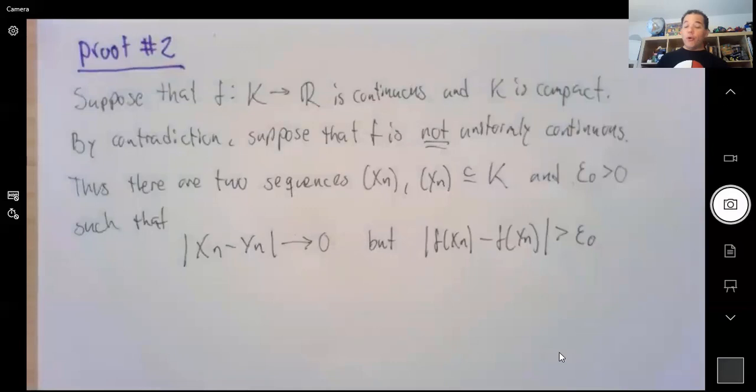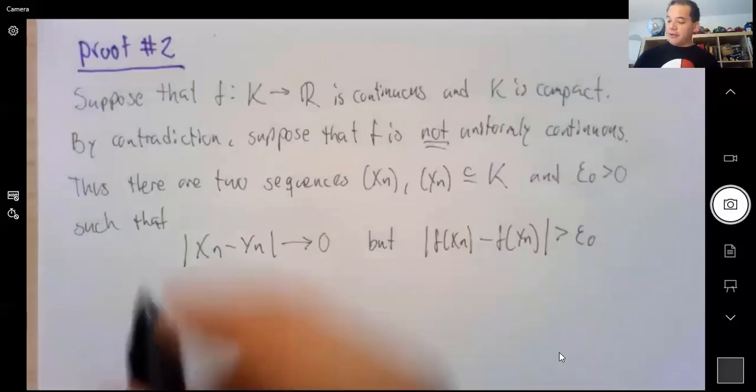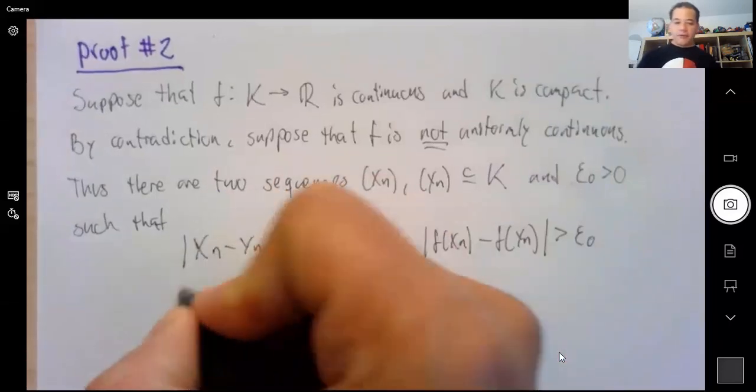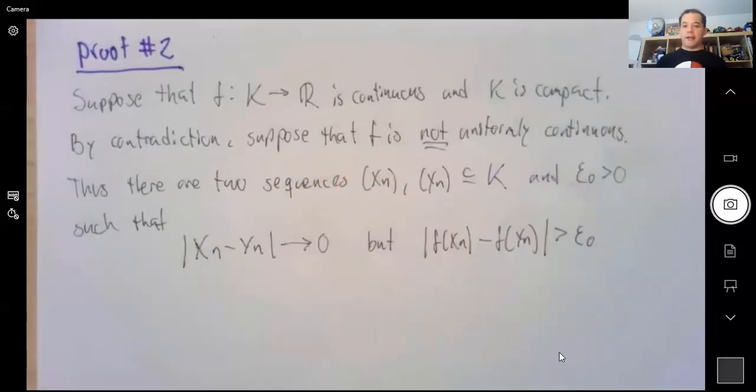And the way we're going to do it is we're going to see what happens with these two sequences, right? Specifically, we're going to start with one of them. We're going to pick xn. And we need to use that K is compact. If we don't use that K is compact, it's not going to work. So what do we know about sequences in a compact set?